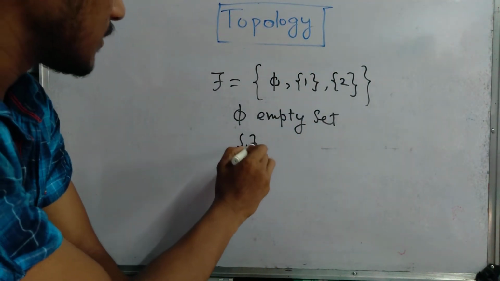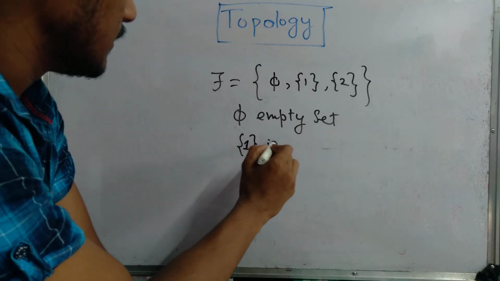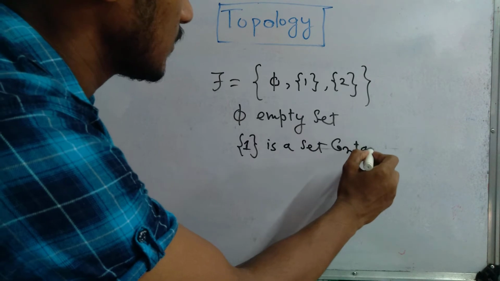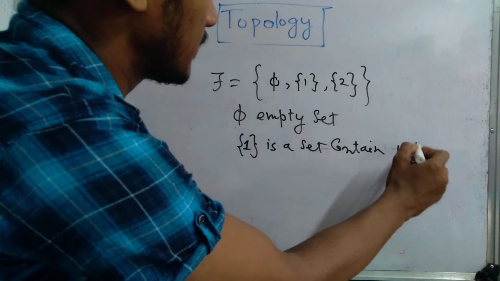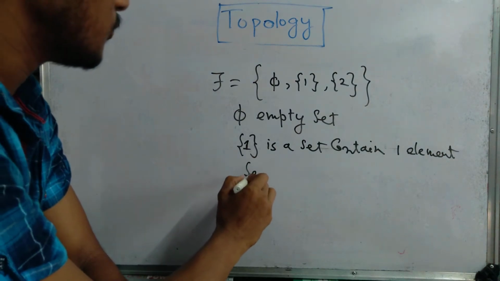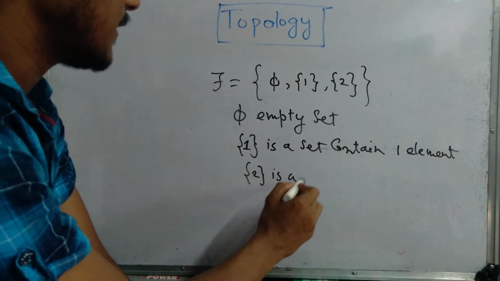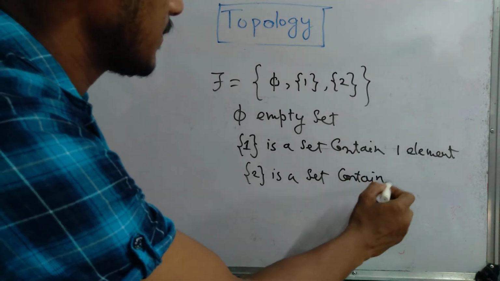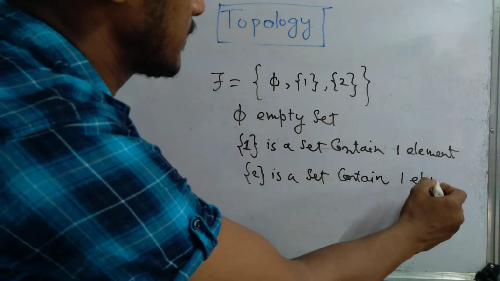Singleton 1 is a set containing 1 element. Singleton 2 is a set containing 1 element.